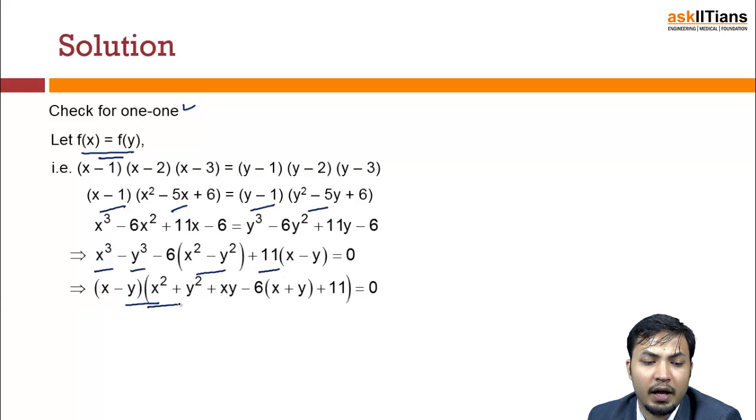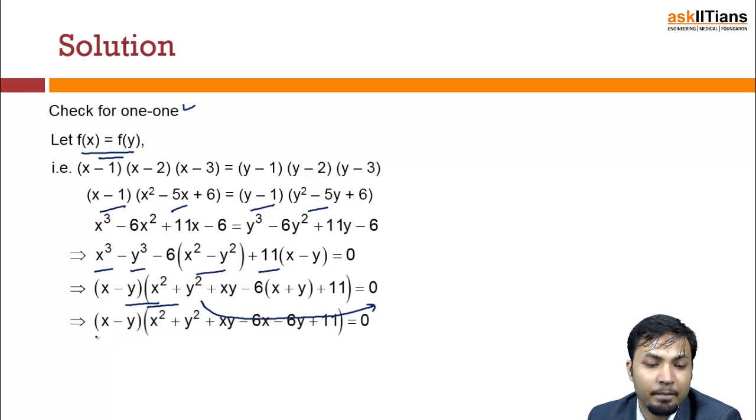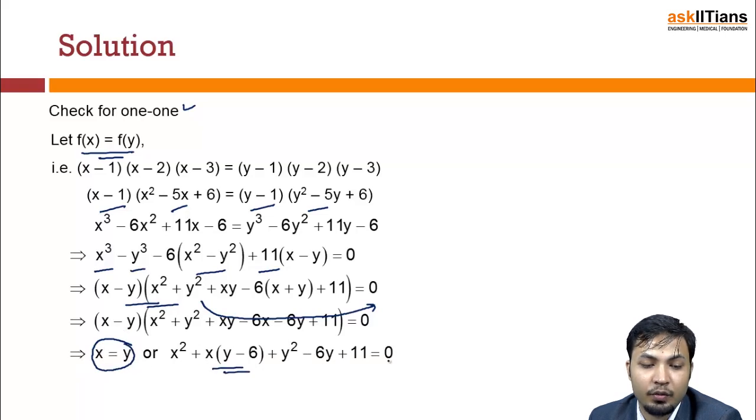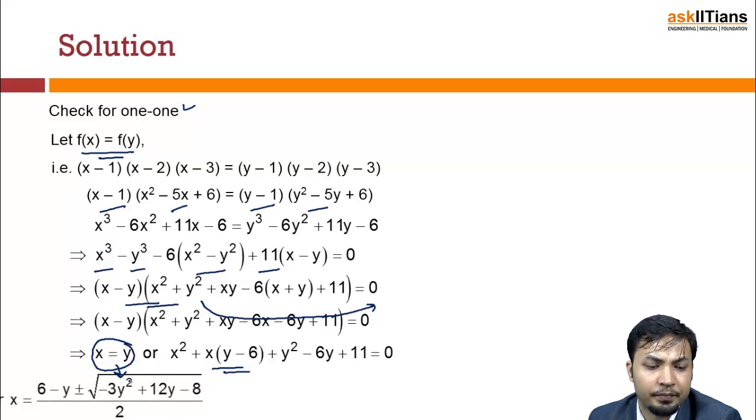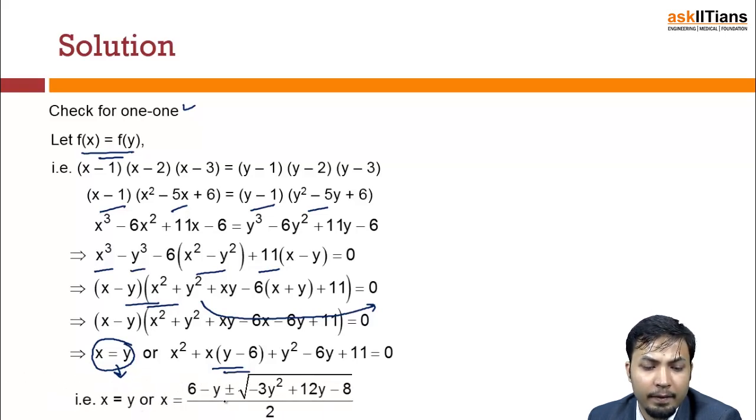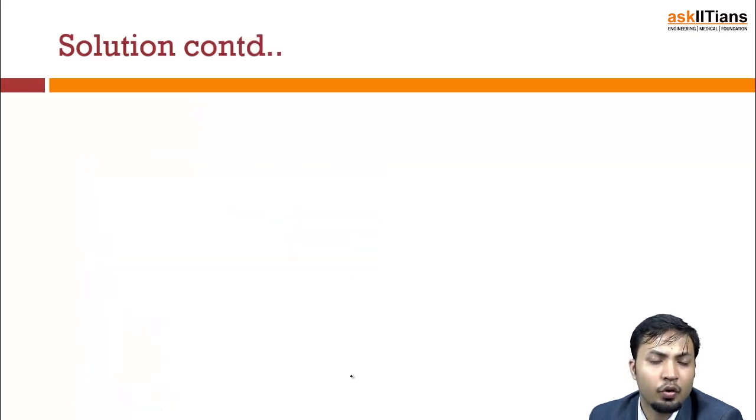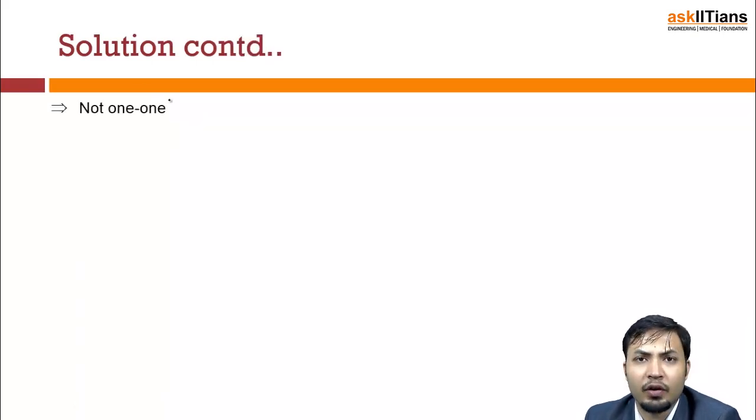Therefore, I have x - y as a common factor. If I take this whole side on the right hand side, I will have x - y = 0 or this is equal to 0. So from this I get that x = y, or then I have x equal to this complex thing. So it is not one-one for sure, because x = y is not confirmed.